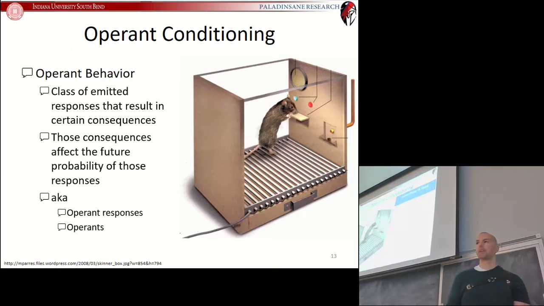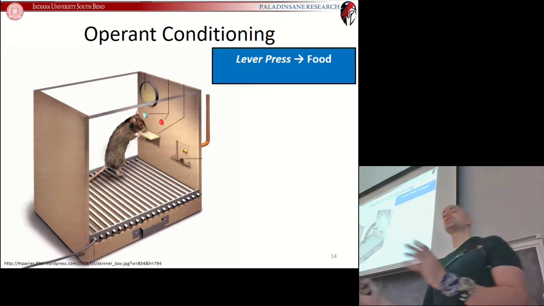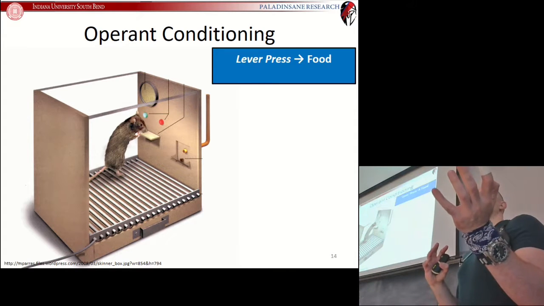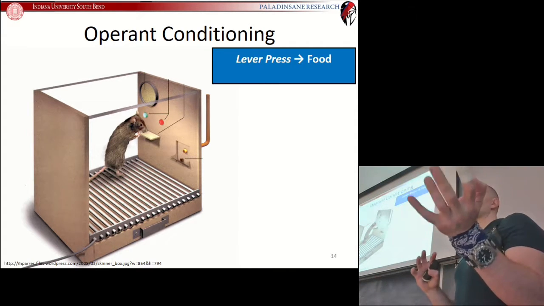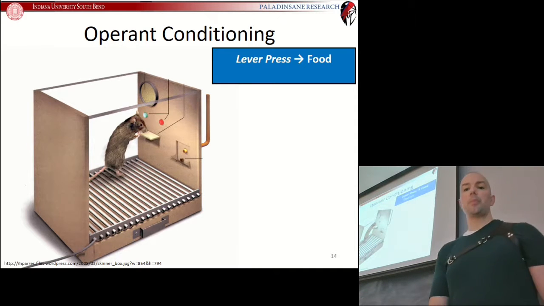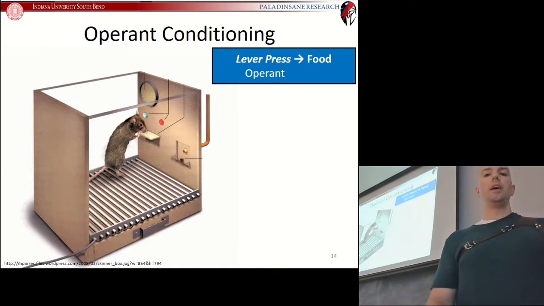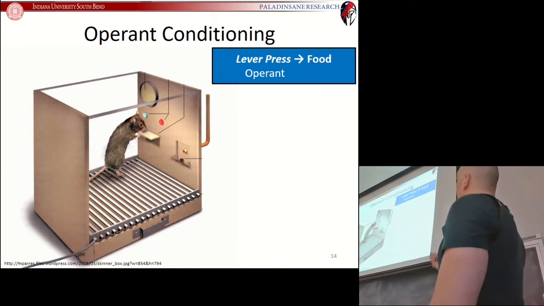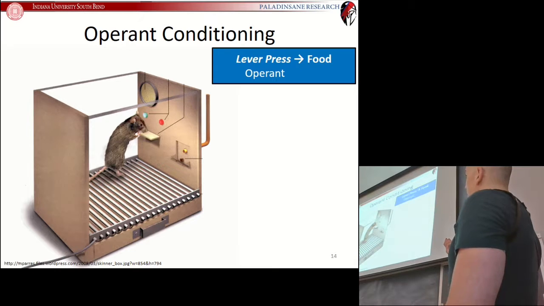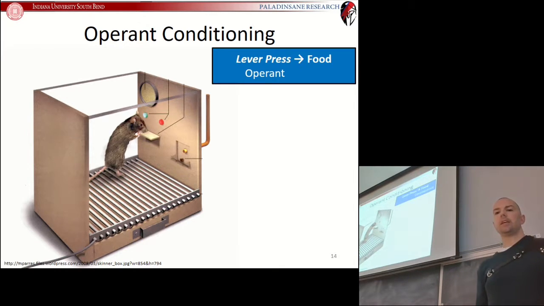So an example of this, the classic example, the lever press. In this case, you see that it's in italics. Operant conditioning carries over a lot of the language or terms that were used in classical conditioning. So the lever press is the operant behavior. It's in italics. It's like the target behavior. And that operant behavior actually causes, hence the arrow, food to be delivered.